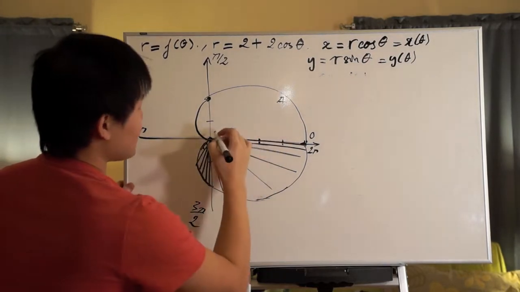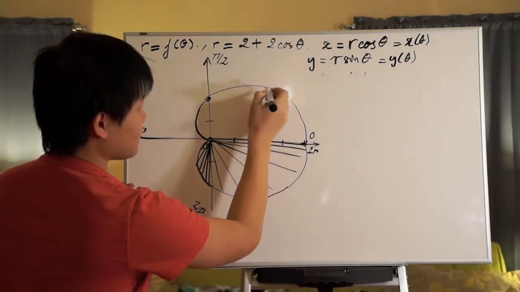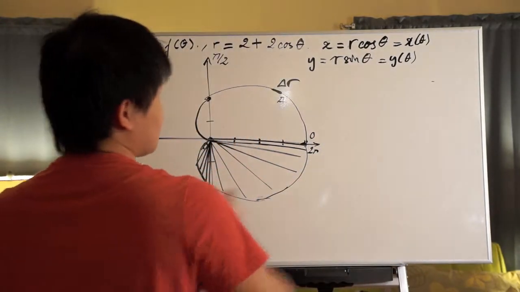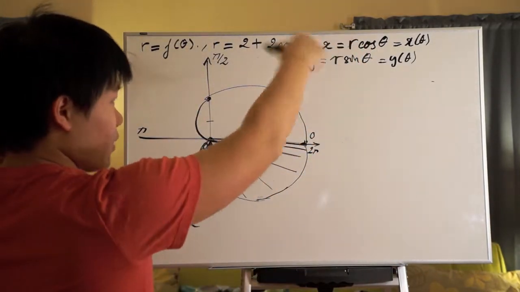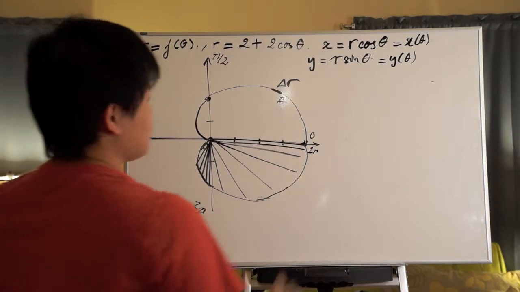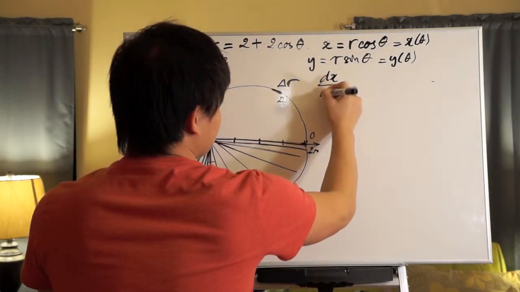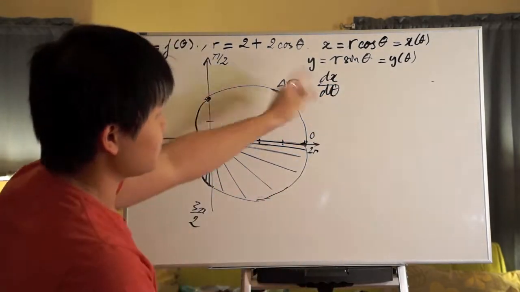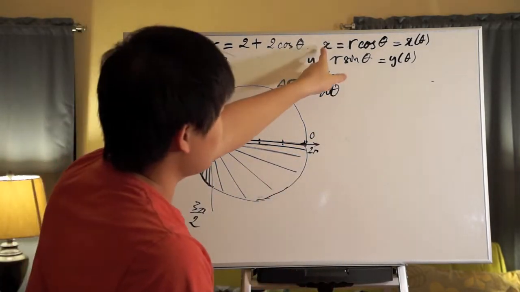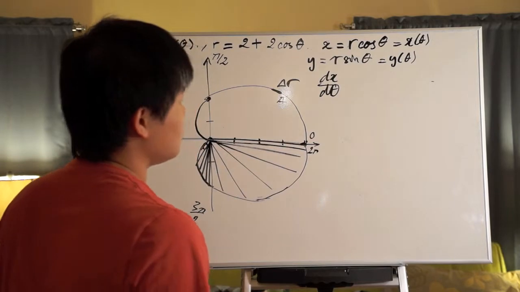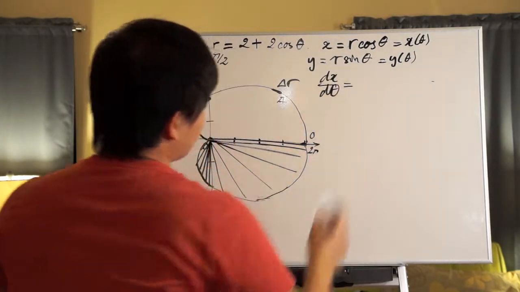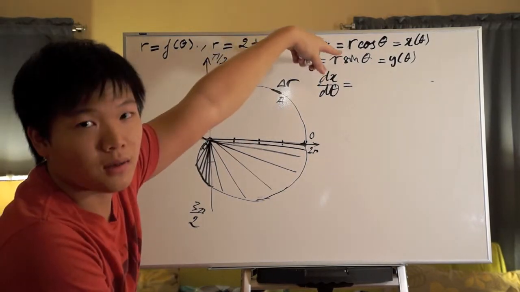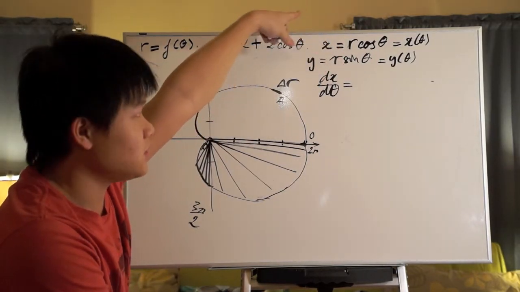We have x equal to r cosine theta. We can take a derivative of this, thinking about dx over dt, but instead of t we put in theta, dx over d theta. So what is dx d theta equal to? Well, this is a function times a function, so we use the product rule to do the differentiating.